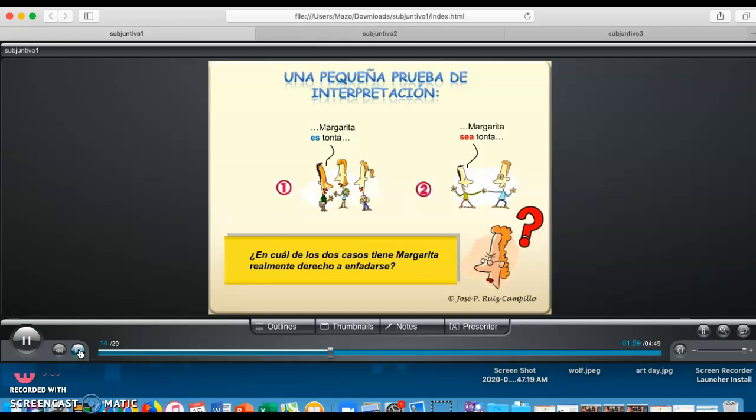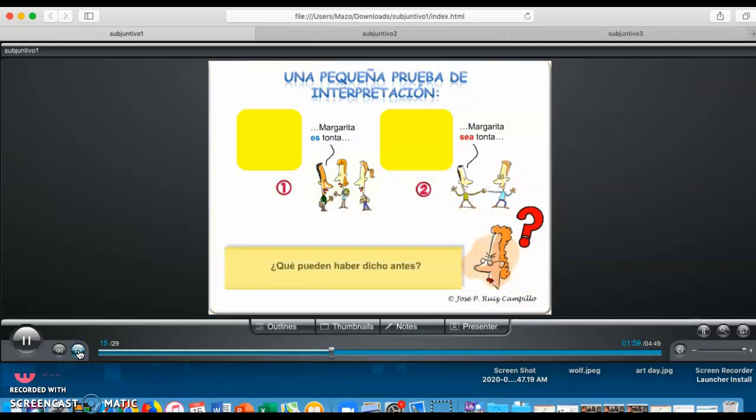In which scenario you think she has more right to get angry? Because what she hears, right? And for that, you have to think, what may people have said before? ¿Qué pueden haber dicho antes for her to get angry or not? Right?